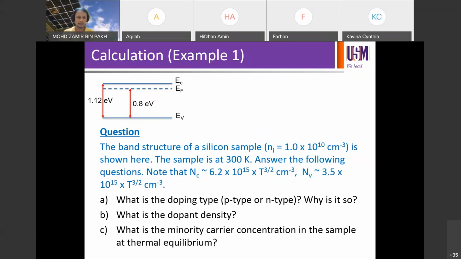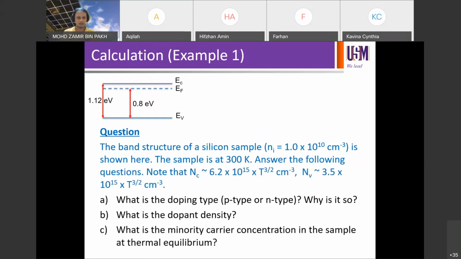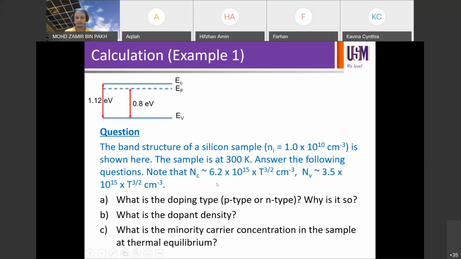Part number 1 is clear: EF is higher than mid gap, more than 0.56 eV. Question number 2, what is the dopant density? You can use this equation, n equals Nc exponential of (EF minus EC) over kT. You've got everything already. You know the Nc, the density of states in the conduction band.